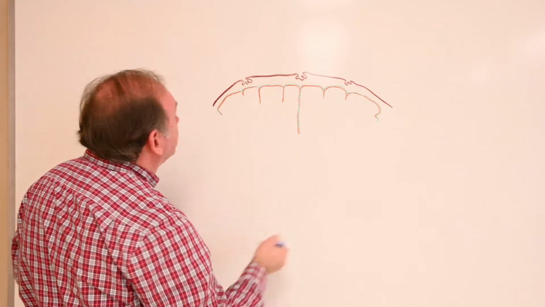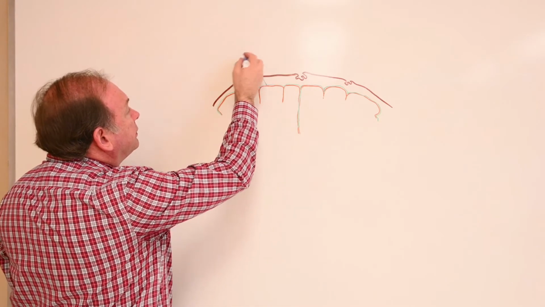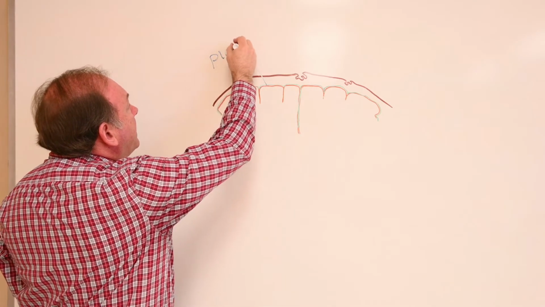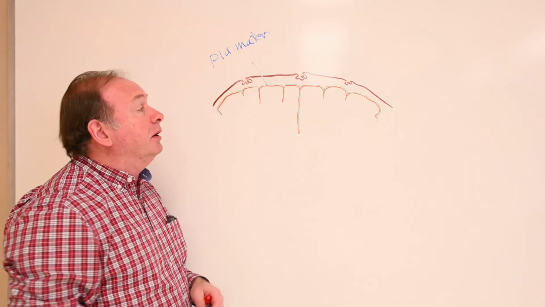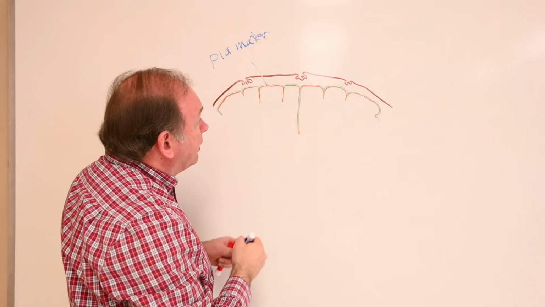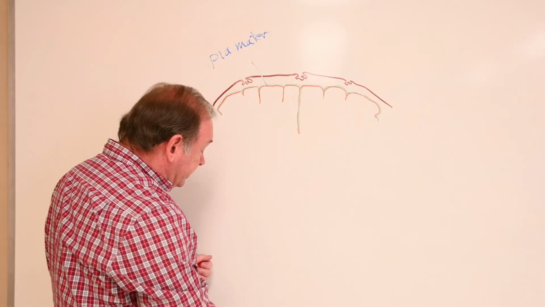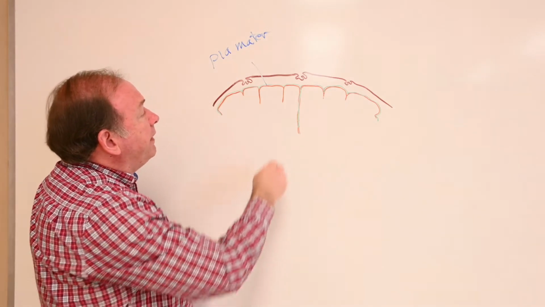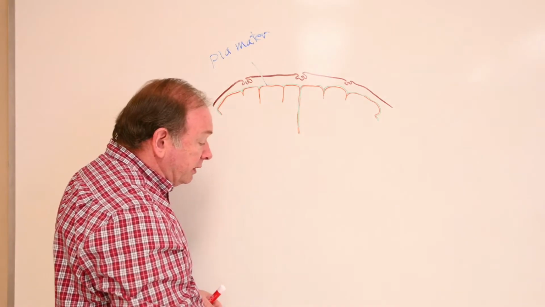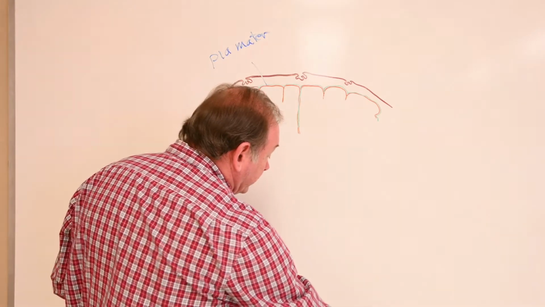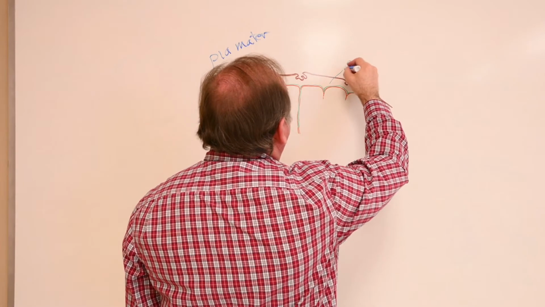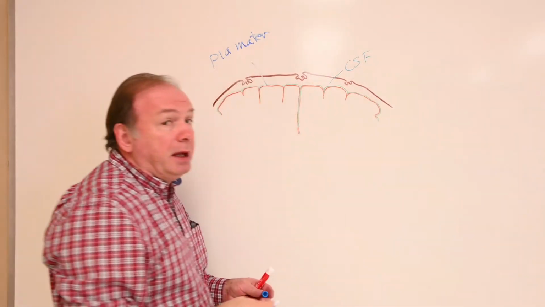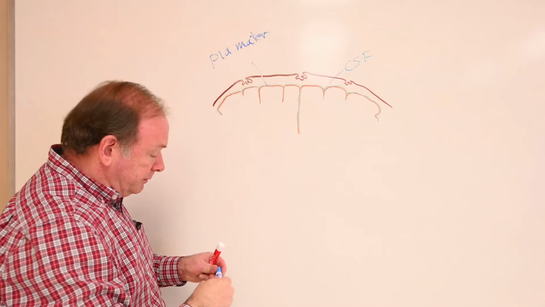There's the pia mater, a very thin layer of cells on the outer surface of the brain. The space just above that pia mater is filled with cerebrospinal fluid. So there's cerebrospinal fluid in here. CSF, I'll just write that in there.